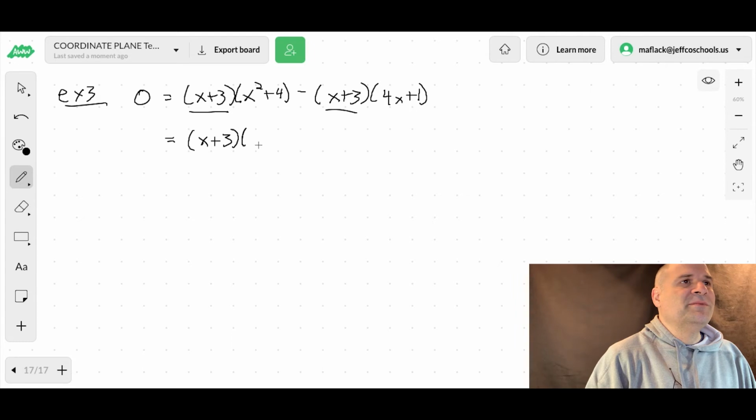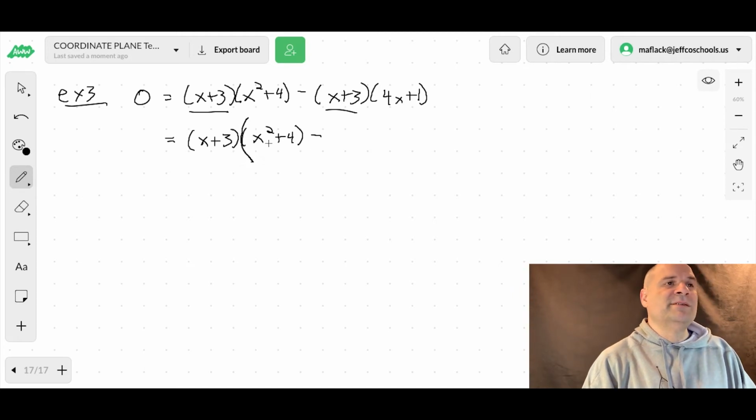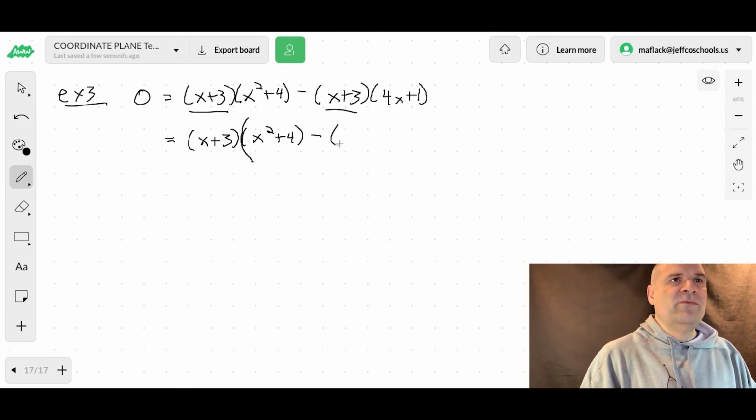And what are we left with? We're left with x squared plus 4 minus, and remember this is reverse distributive property, so we have to add another parenthesis, 4x plus 1.